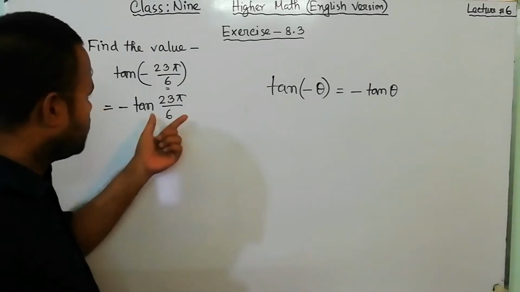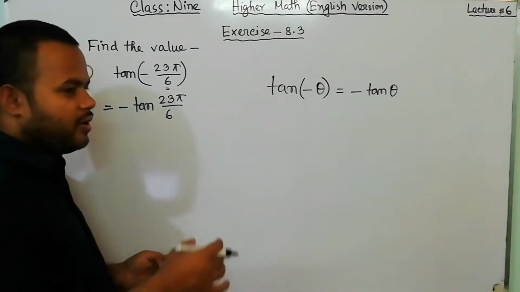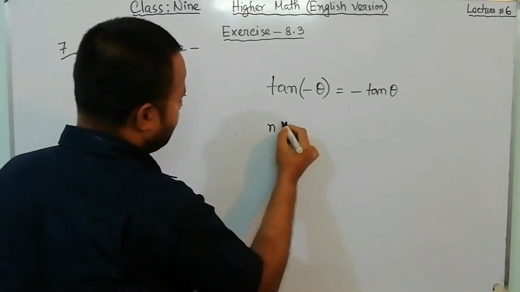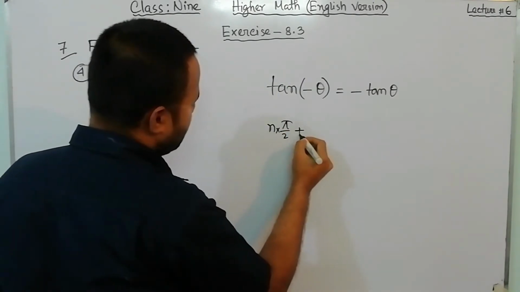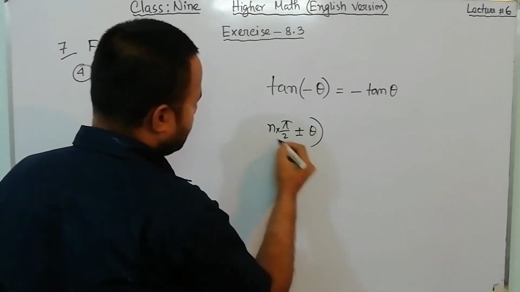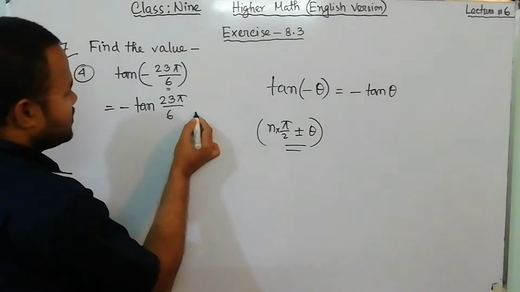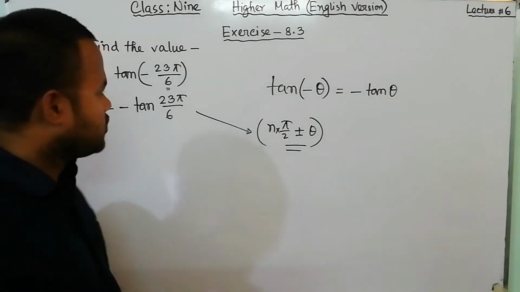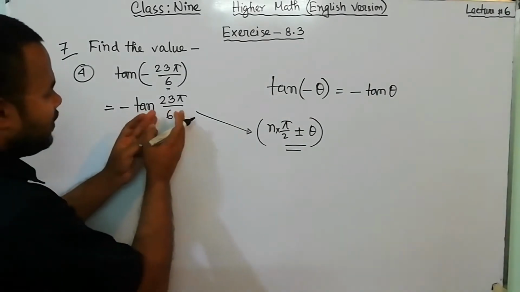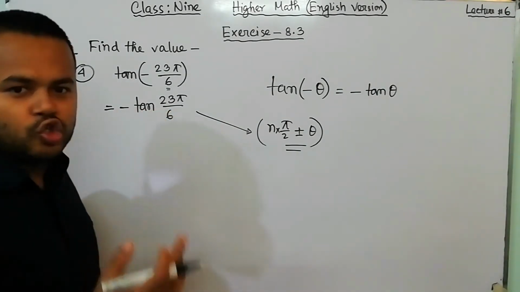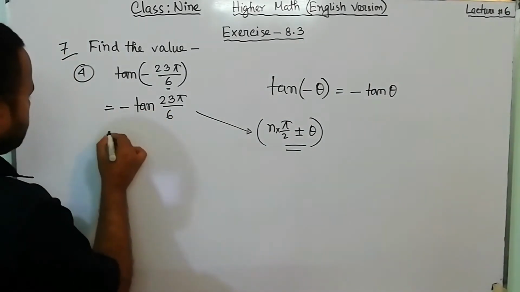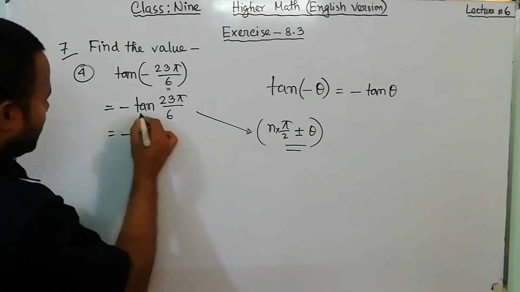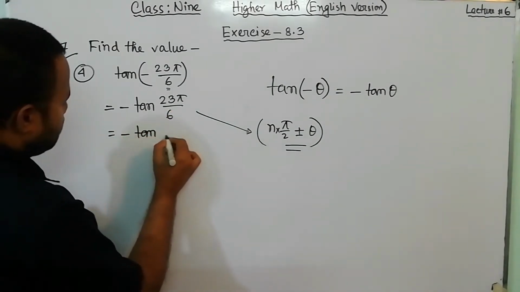Now we have to convert this angle in the form of n pi by 2 plus or minus theta. So at first we have to divide this angle into two parts. We can write minus tan.